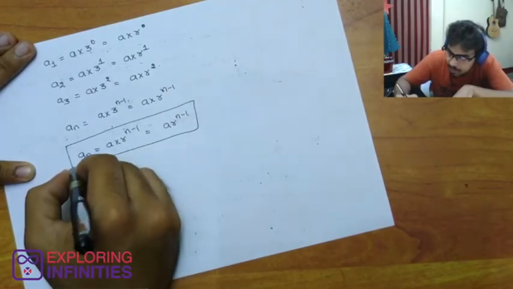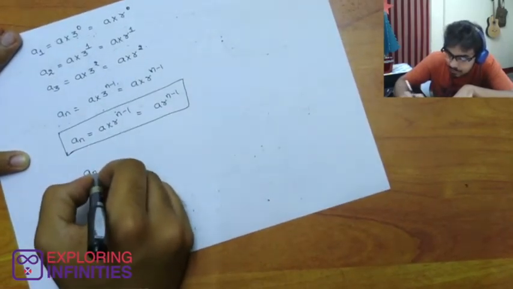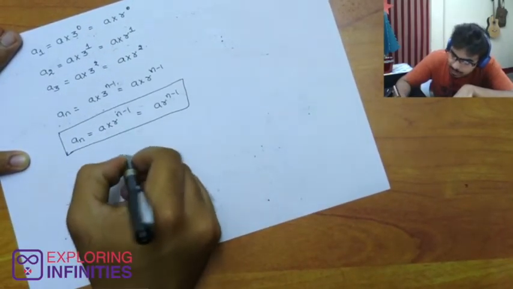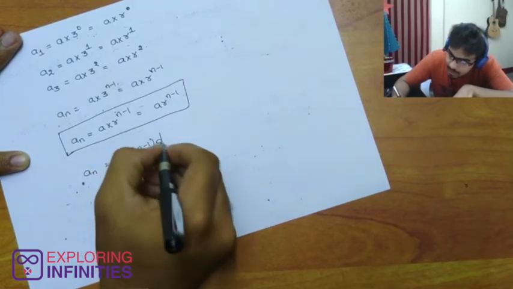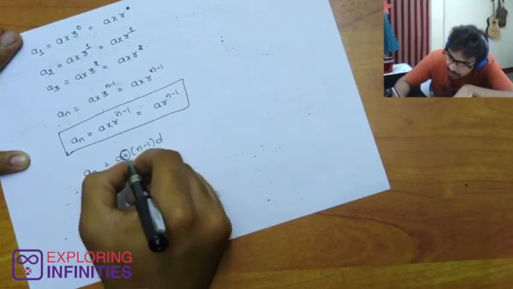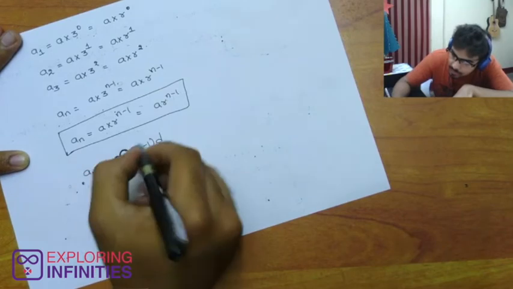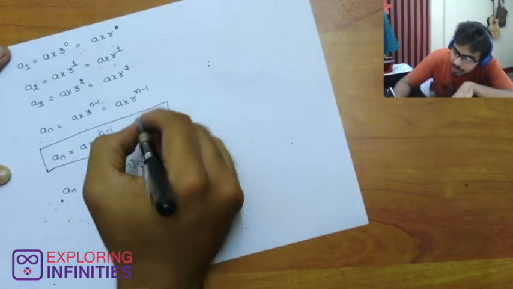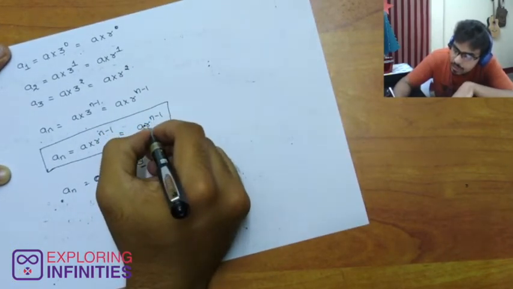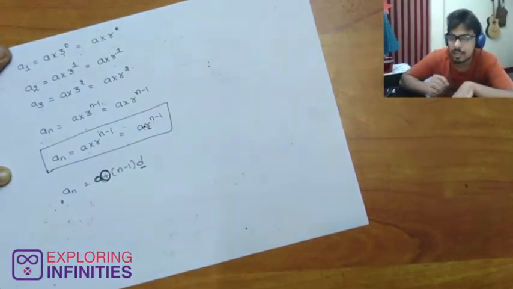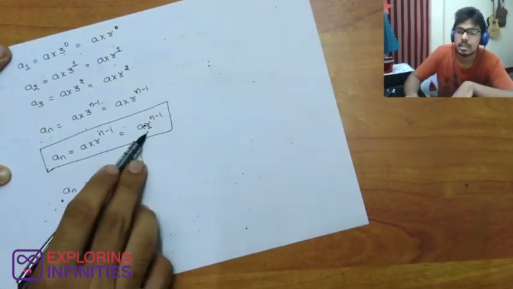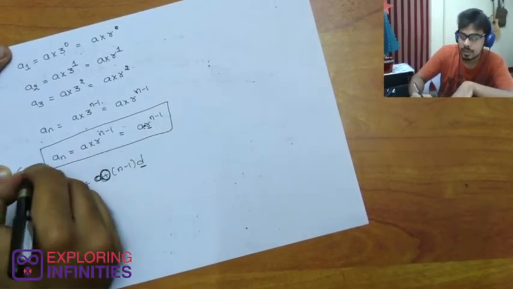Does this resemble An in AP? A plus n minus 1 into D. Here we have to do addition and there is a common difference. But here we are doing multiplication and there is a common ratio. Alright, there was a common difference, there is a common ratio. This is GP and this is AP.